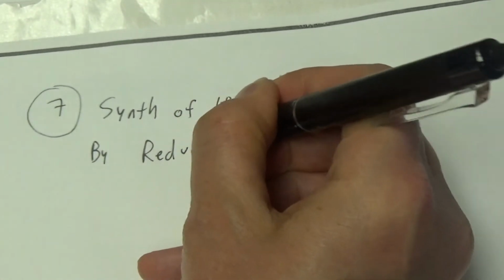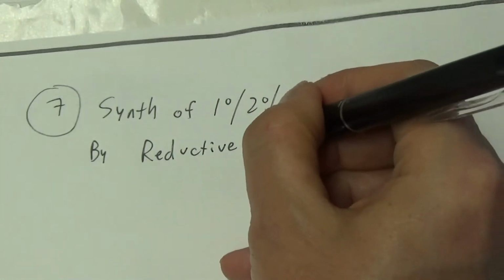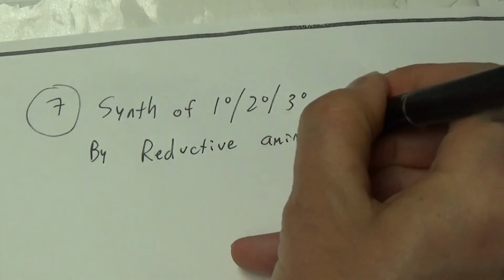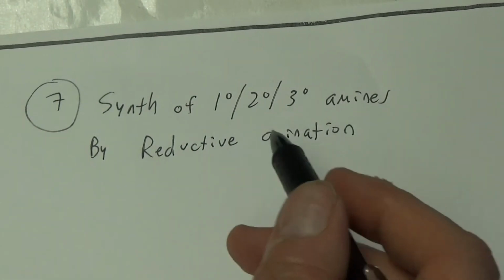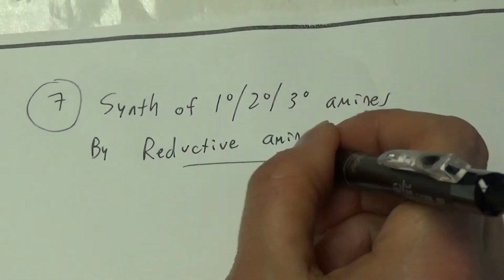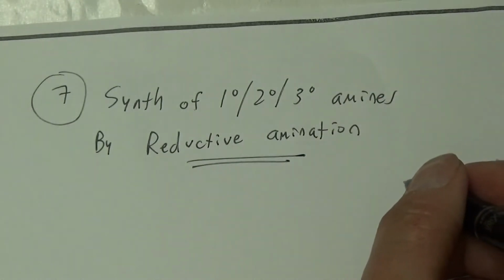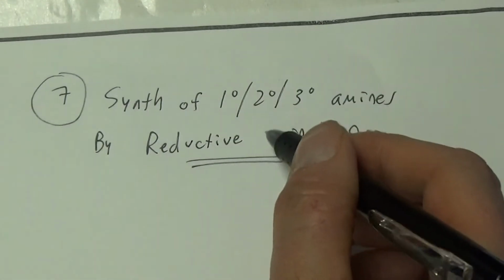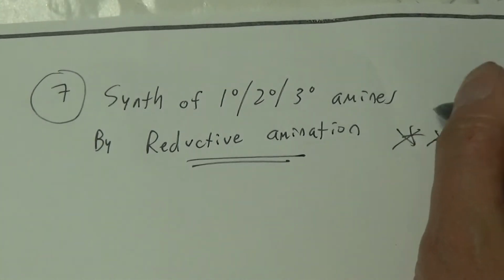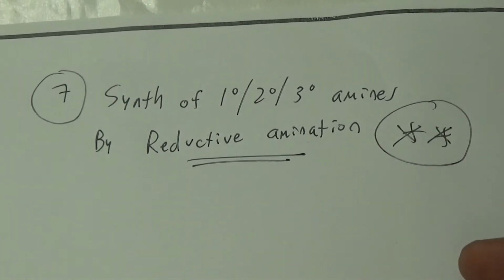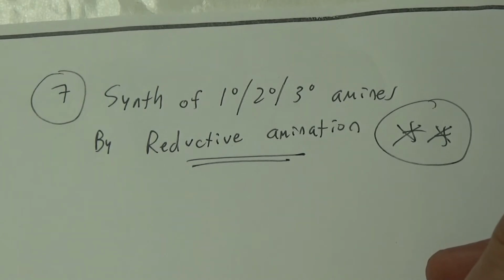Reductive probably means what? Probably the use of a reducing agent, like a hydride. Reductive amination is just a cool way to build amines. This is a very general reaction. I'll put a couple stars, and you're definitely going to expect to see this on the quizzes.